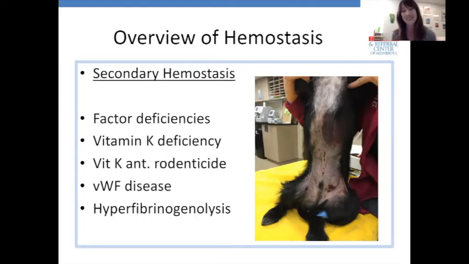Vitamin K antagonist rodenticides are also going to be included in that category. And again, von Willebrand's disease raises its head here too, because von Willebrand's factor works with factor 8. And so that's going to contribute to a secondary hemostasis problem.